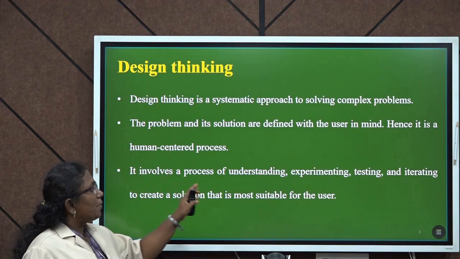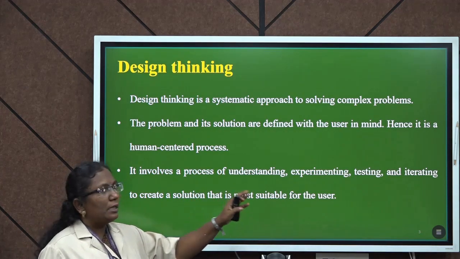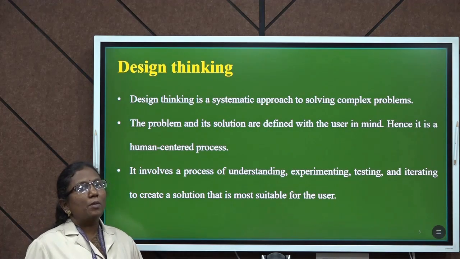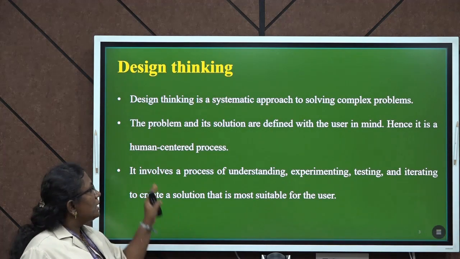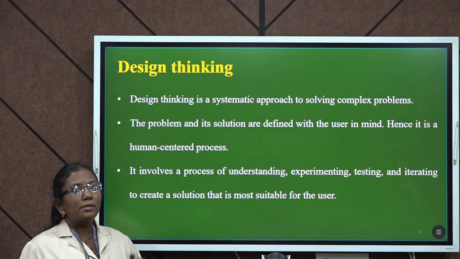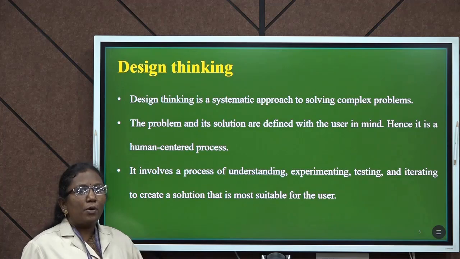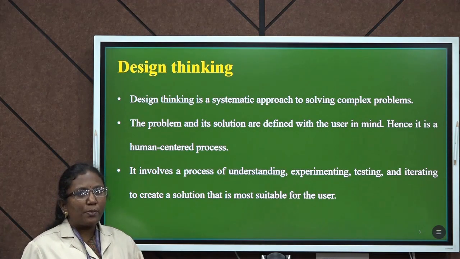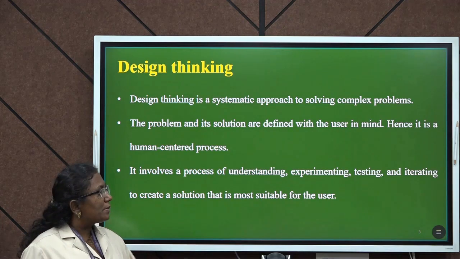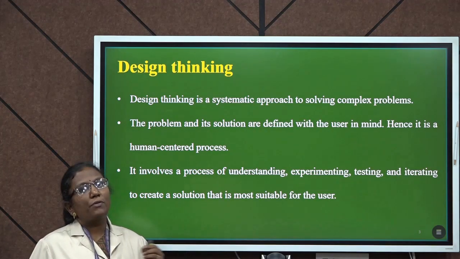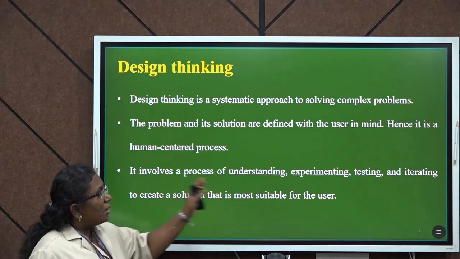It involves a process of understanding, experimenting, testing and iterating to create a solution that is more suitable for the users. By using this design thinking process, first we should understand what is the real problem. With the help of the users' feedback, we can do certain simple experiments to sort out those problems, and then finally we have to create a prototype, and that prototype is given to the user for further testing.